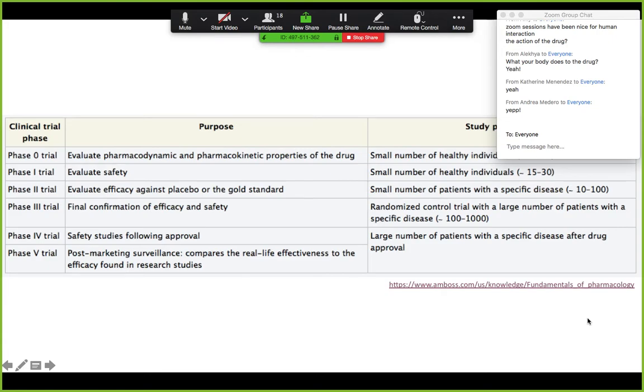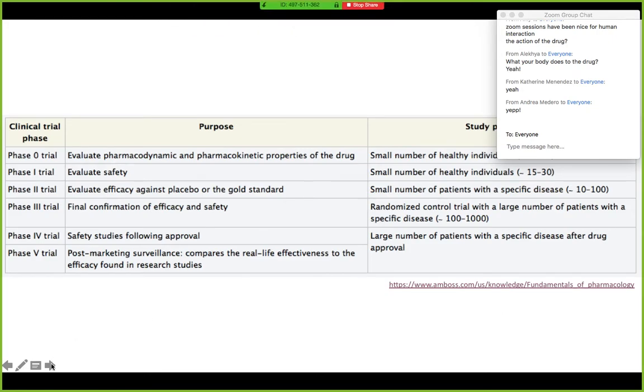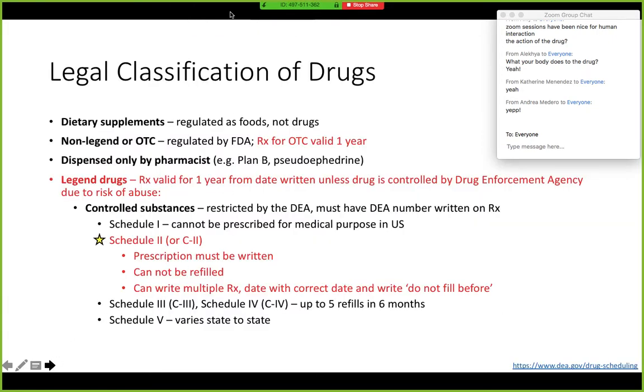Okay, next. The next thing that's really important for the exam is how drugs are classified. And the two that she's probably going to focus on are the non-legend or over-the-counter drugs and the legend drugs, which include controlled substances.